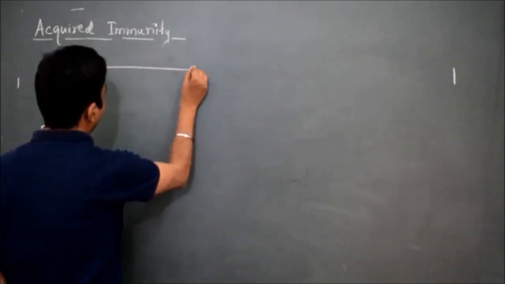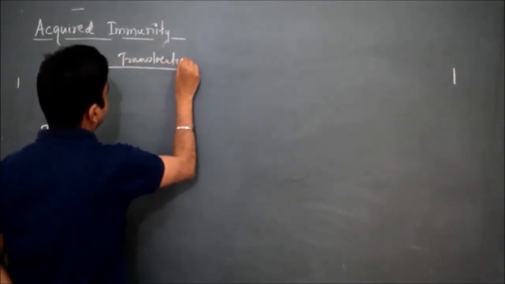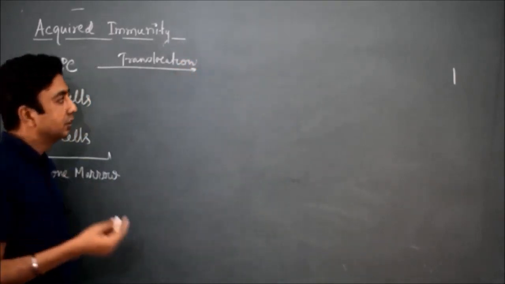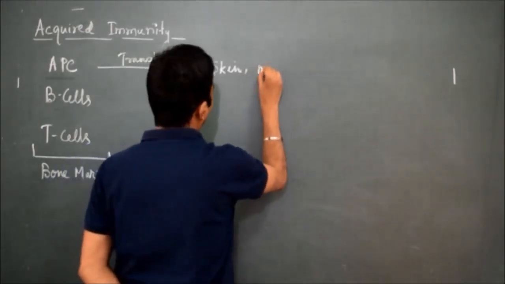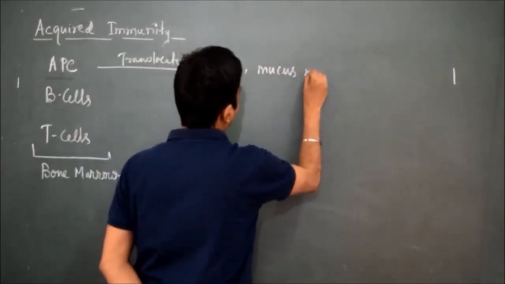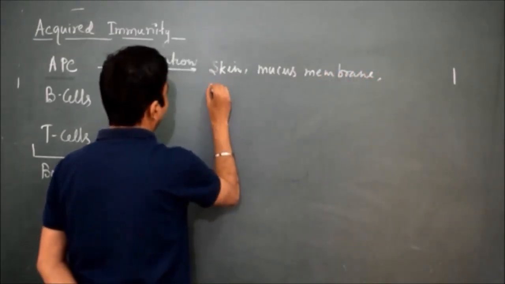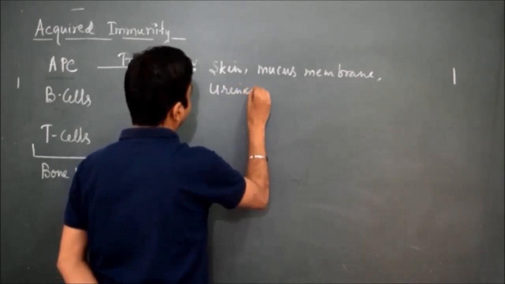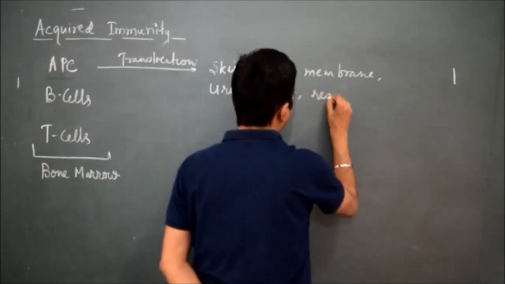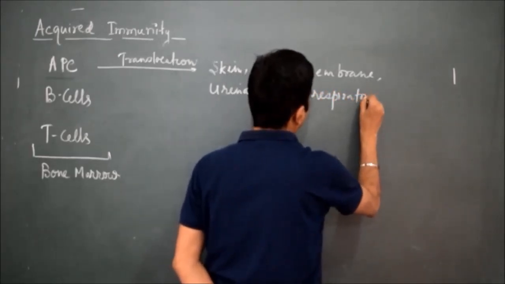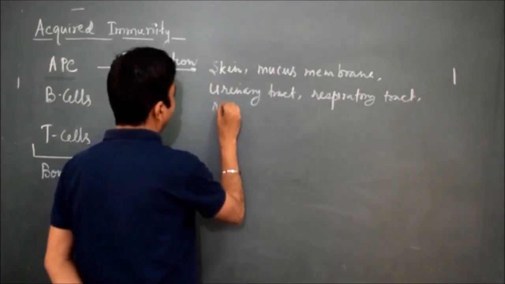So their translocation occurs in the skin, then mucous membrane, then urinary tract, respiratory tract, as well as reproductive tract.